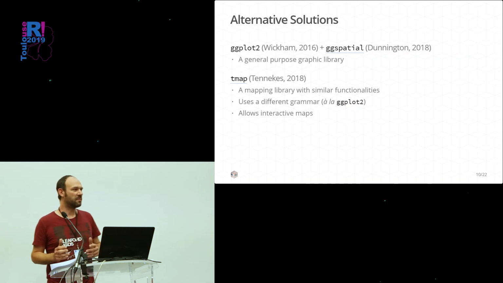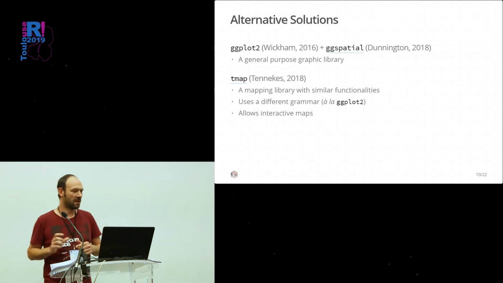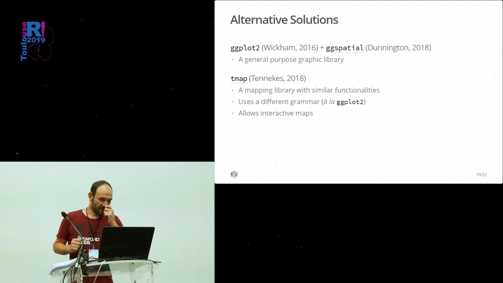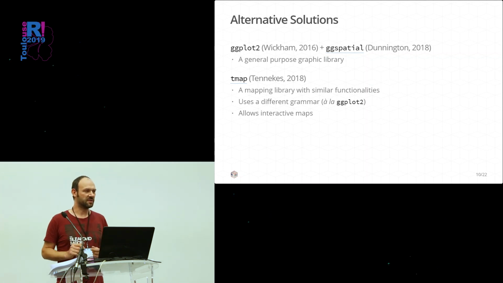So there are other ways to create maps with R. The two most common are using ggplot2 with ggspatial, which provides north arrows and scale bars, etc. ggplot2 was a bit slow to represent geographical data, but the last updates, I think, changed this, so it's not a problem. But it's a general purpose graphic library, not dedicated to maps. So in our opinion, it was not enough to create custom maps.